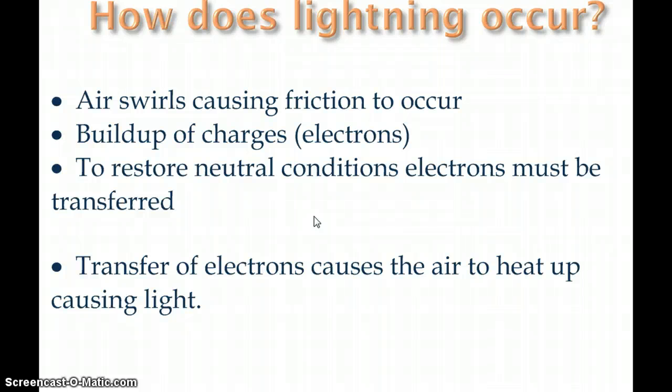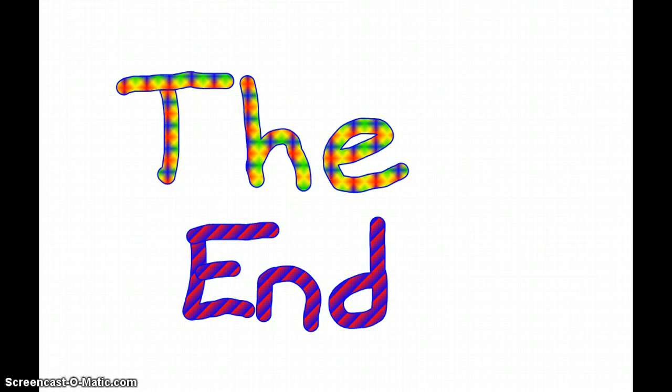Those electrons are transferred to the ground or wherever it strikes, and then that transfer of electrons causes the air to heat up, which causes the lightning that we see. Okay, so same thing, that induction process is still happening. Buildup of friction, and then those electrons pass through the air when the electric fields get close to each other. So that's it and that's all.